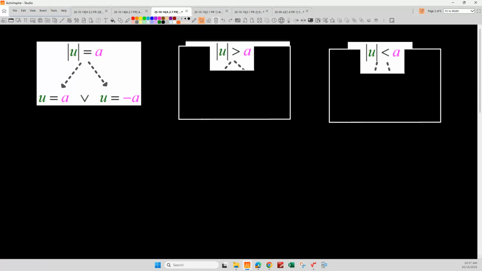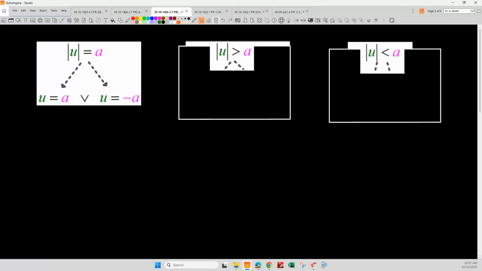So is that less than or greater than if I'm going to the left? Less than, right? Less than means left of. So I want all the values of what's inside, values of U that are going to be less than negative A, right? Makes sense? Either really big positive values or really big negative values.